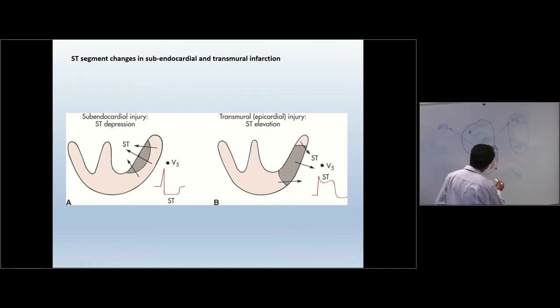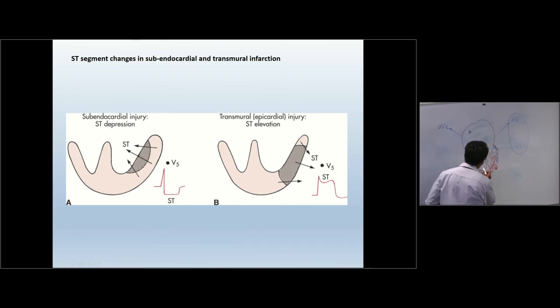Okay. This diagram shows a full thickness infarction. Now, if you leave the patient like that, eventually the patient will get a complete obstruction of the coronary artery, and this whole area will get infarcted. So the electrical activity behavior in full thickness infarctions is different to the subendocardial.